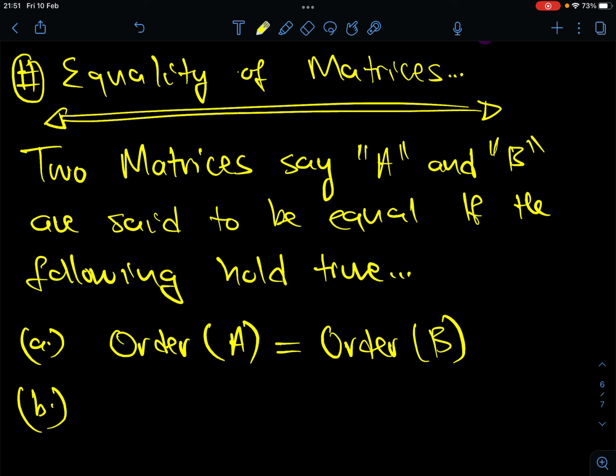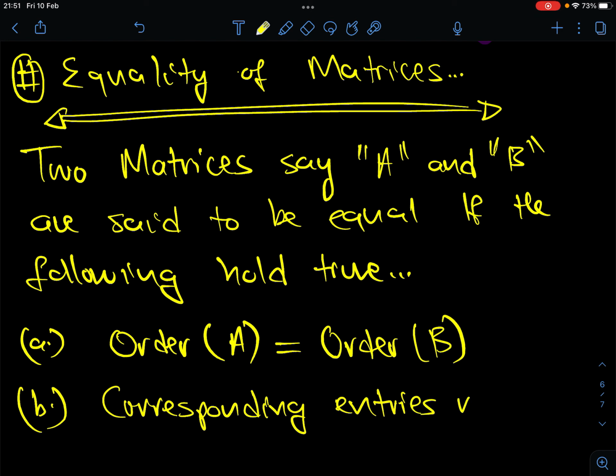The next thing that must be satisfied is that corresponding entries must be identical.